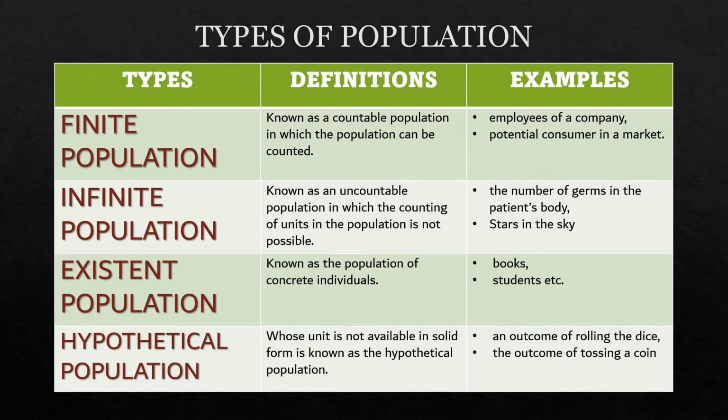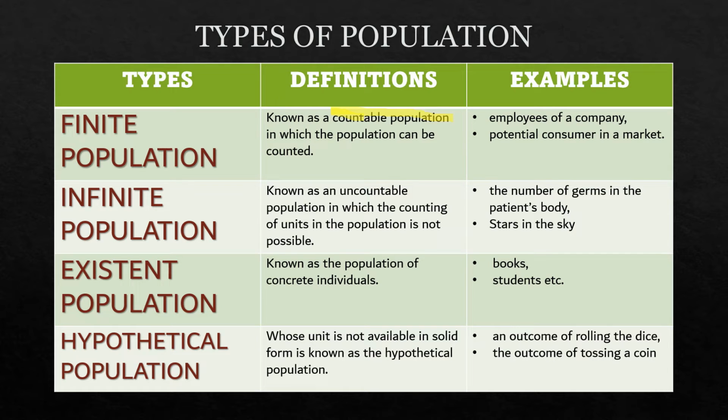First is a finite population, known as a countable population, in which the population can be counted. In other words, it is defined as a population of all the individuals or objects that are finite. Examples of finite populations are employees of a company, potential consumers in a market.